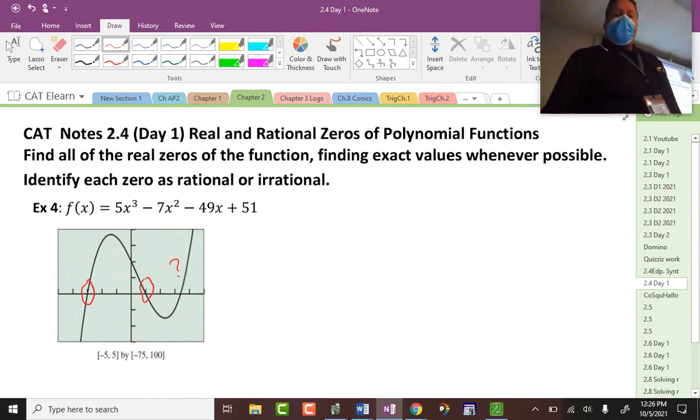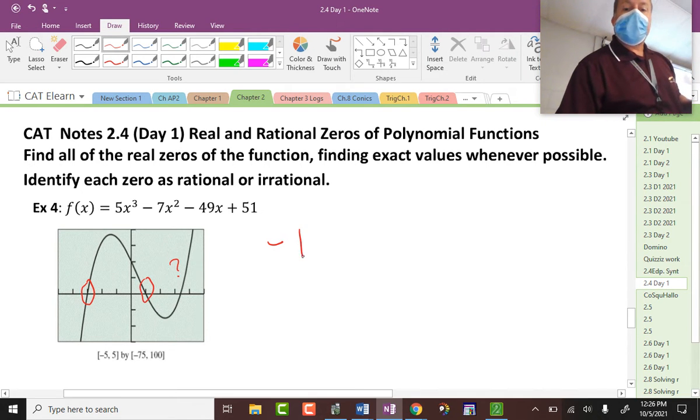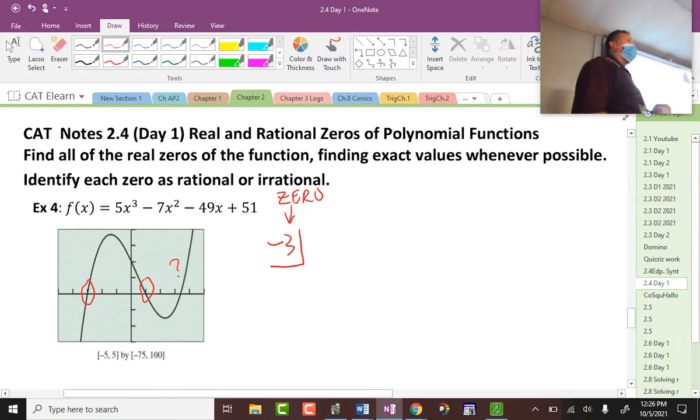All right? So here's what you have to do. Okay, this one you're given the picture. And it looks like -3 is an x-intercept, which means -3, sorry, I stopped writing that, should be a 0. I should have started with that same thing I've shown you over and over again.